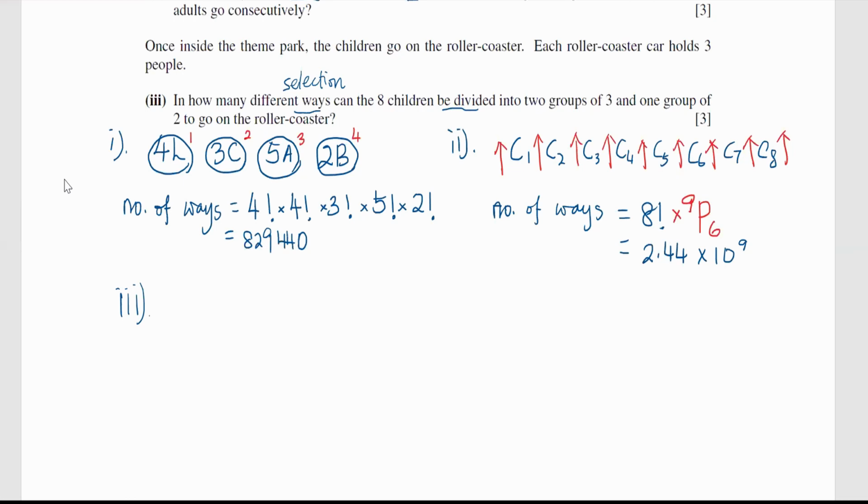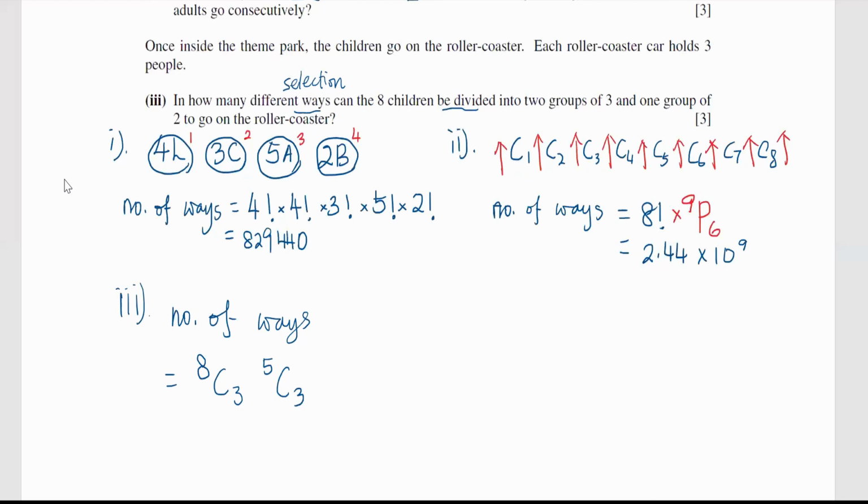So to find out the number of ways for the selections, first we have 8 children and we select any 3 children from the 8. That will be given by 8C3 ways. Then these 3 children will form a group. And then there will be 5 children left. And from these 5 children, we select any 3 of them. Then the number of ways is given by 5C3 ways.